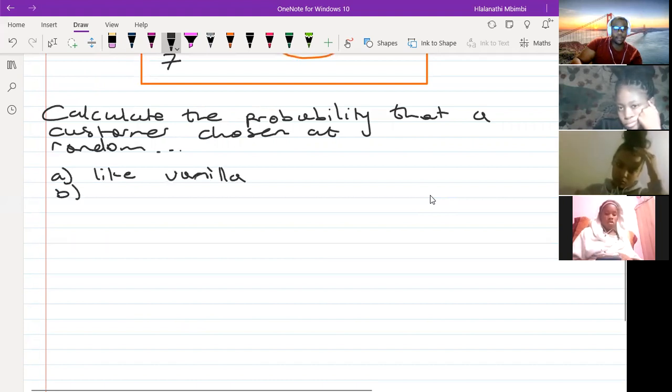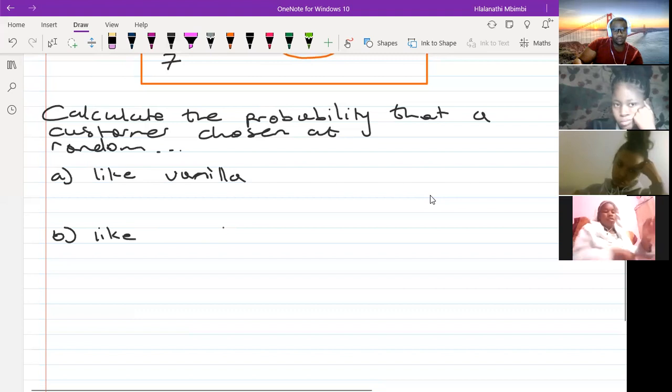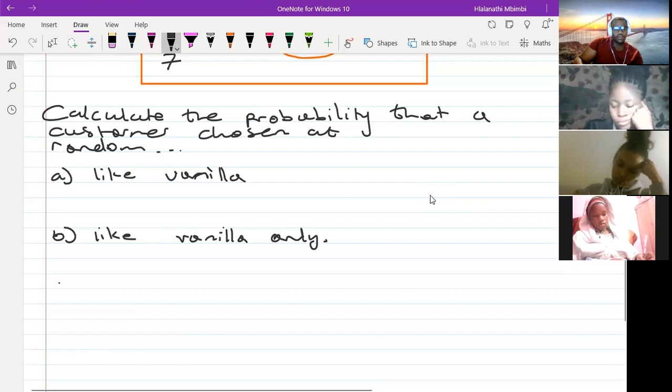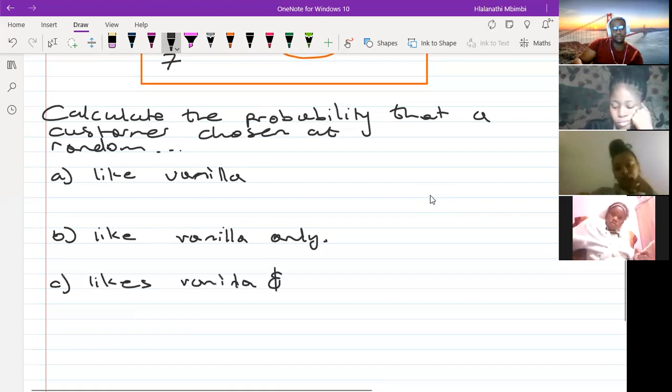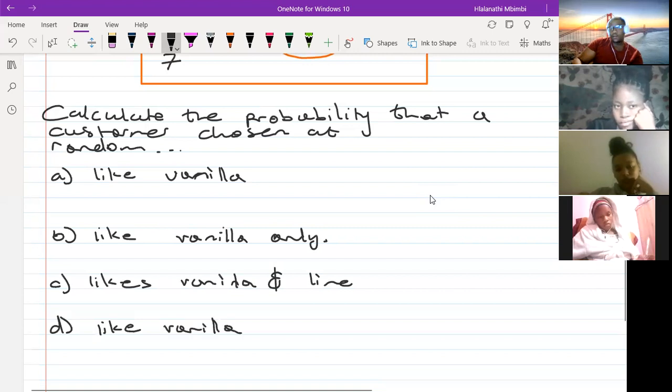B, likes vanilla only. C, likes vanilla and lime. D, likes vanilla and lime, but not raspberry.